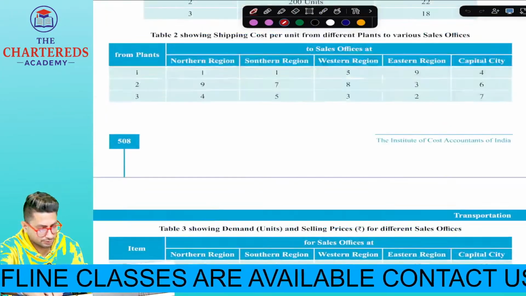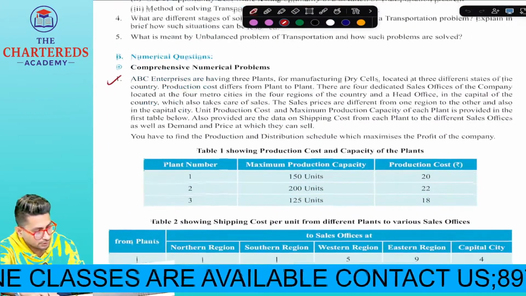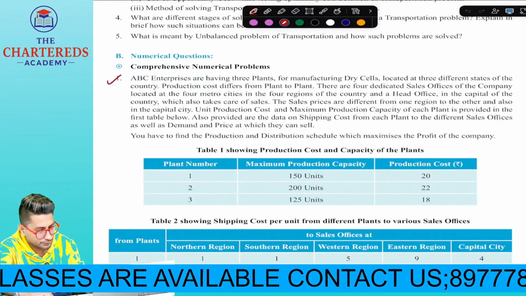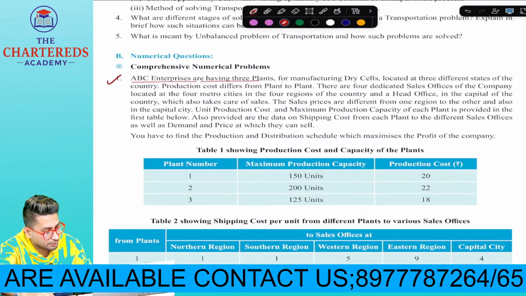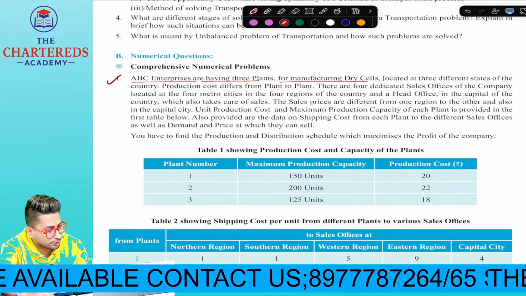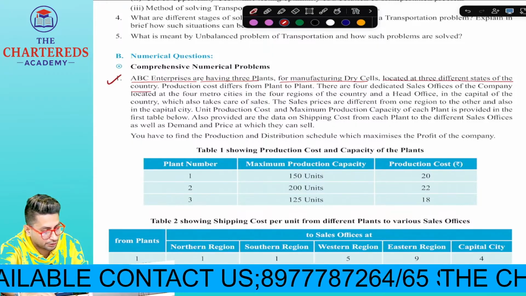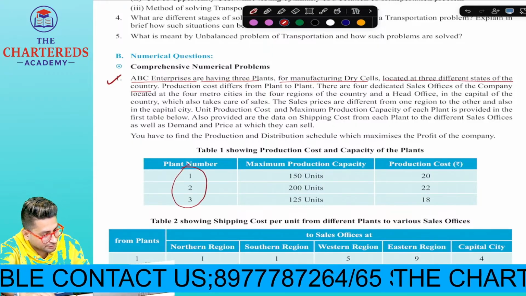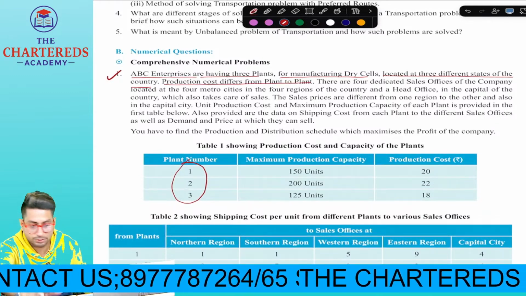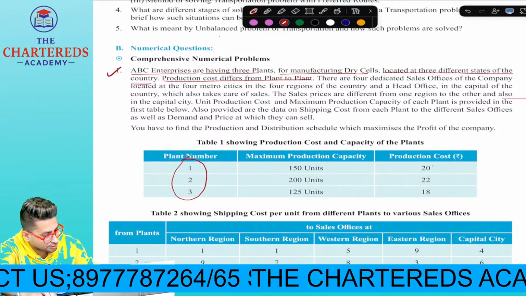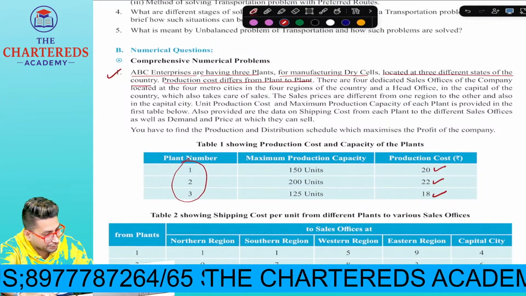I'll explain once, and then can you solve? See, ABC Enterprises has 3 plants for manufacturing dry cells located in 3 different states of the country. So 3 plants are there. Production cost differs from plant to plant. Cost here is 20, 22, 18.